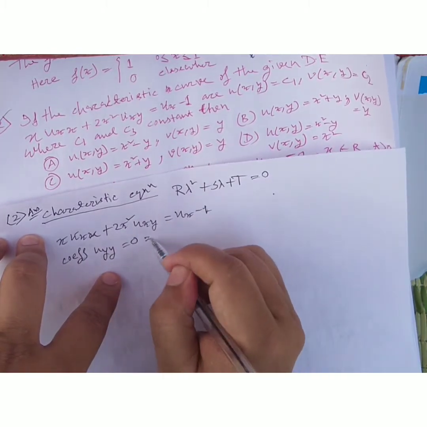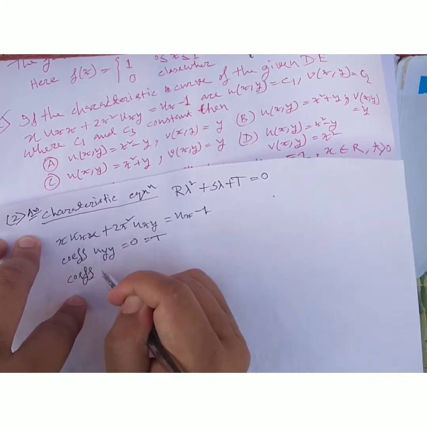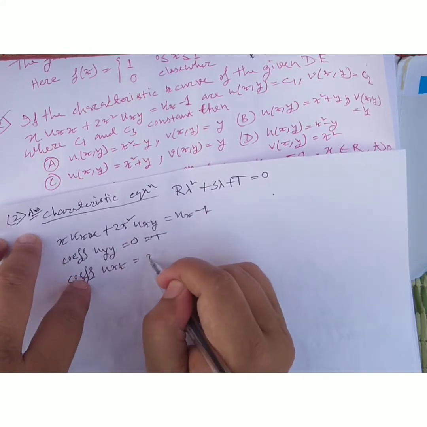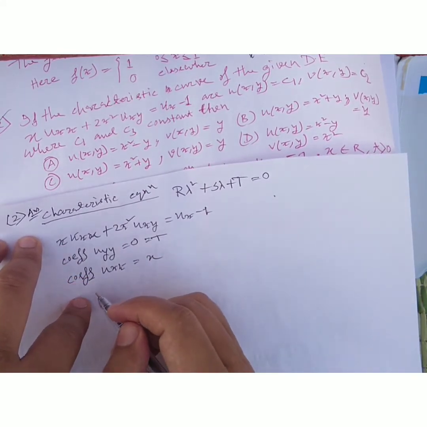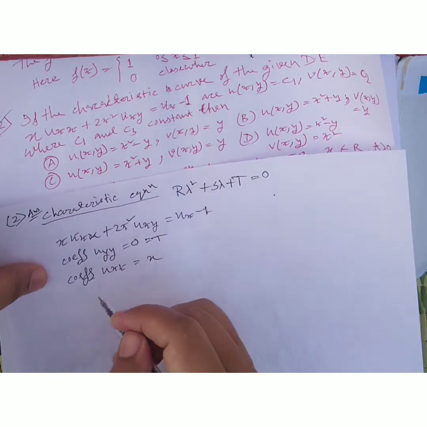Coefficient of uxx means x, and coefficient of uxy means 2x square.